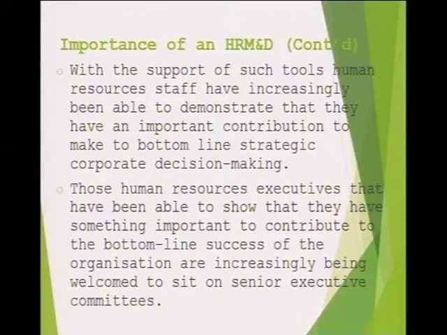With the support of such tools, human resource management staff have increasingly been able to demonstrate that they can contribute positively towards the growth of organizations, making the organizations realize their objectives, their goals, and also realize the strategic plans that they have in place.